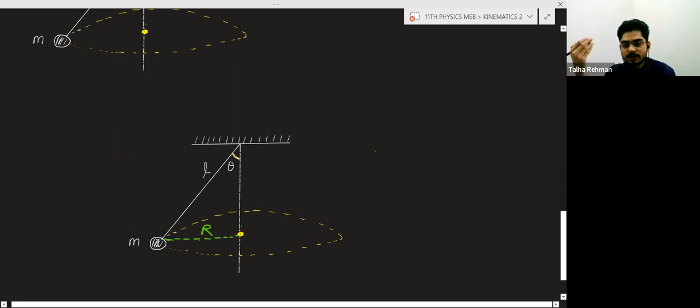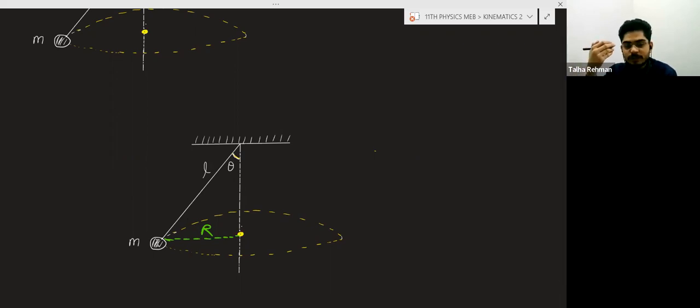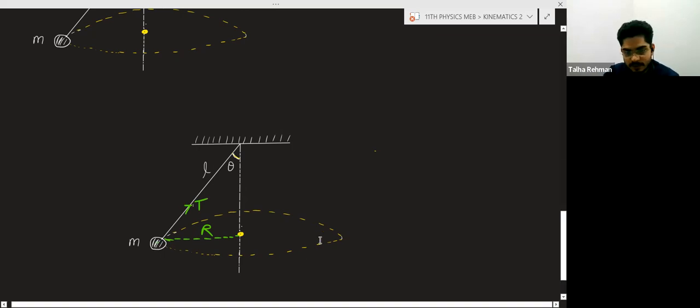Which force is there? The tension force. This is the string; when this mass rotates, there will be tension in the string, and this tension is in this direction.